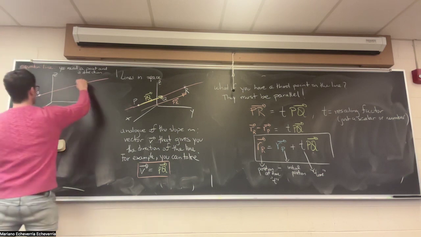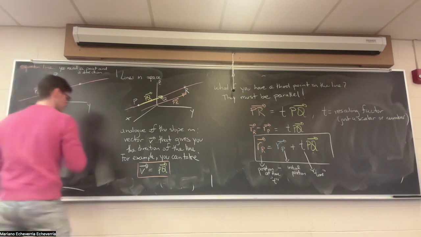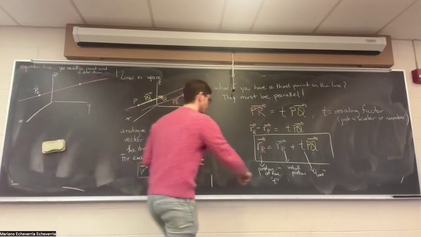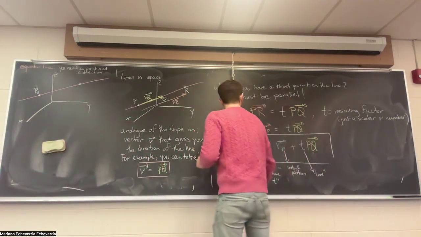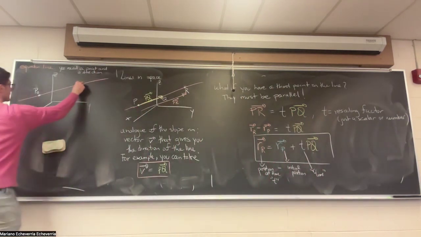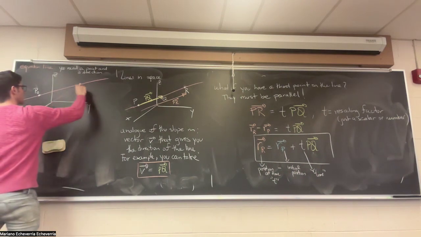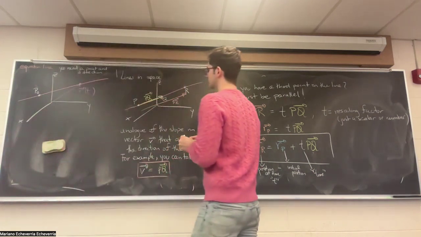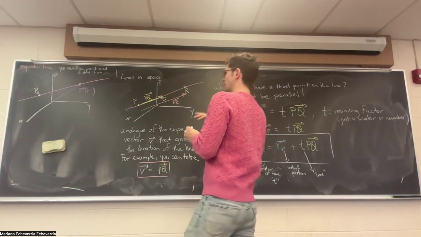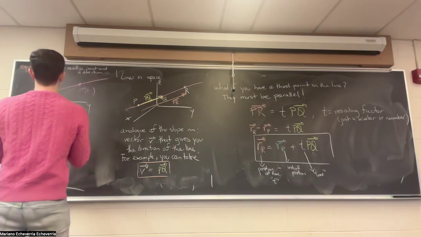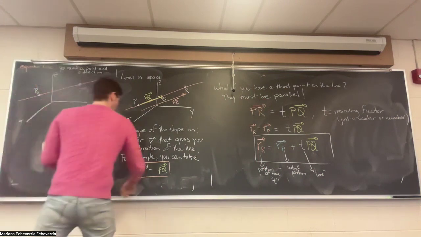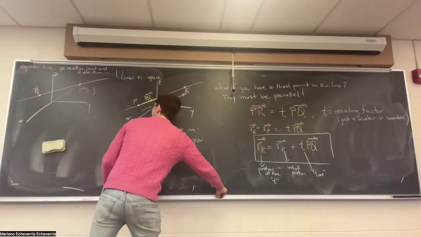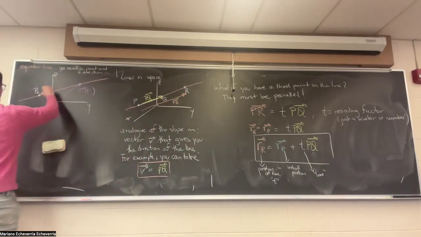And I'll call this other one R of T. And I'll show you how this looks in algebra as well, in a minute. And then we have this vector V, which gives you the direction of the line.